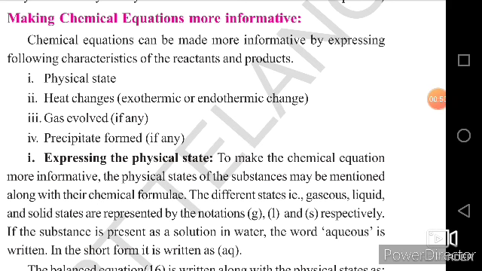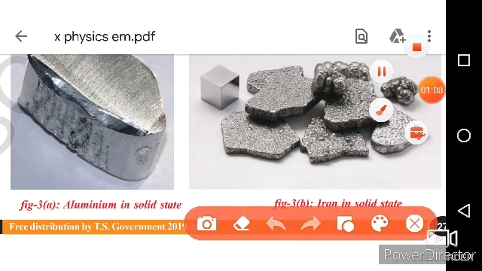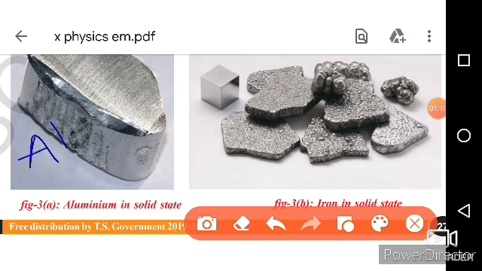Next, for solid, all metals. For example, look at the pics on the screen. This one aluminium metal in solid state, and this one iron metal Fe in solid state. This one aluminium, this one iron.